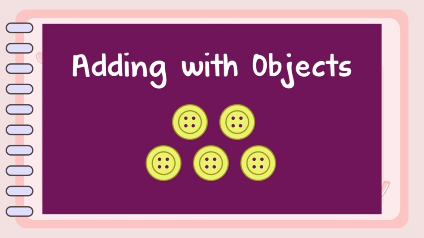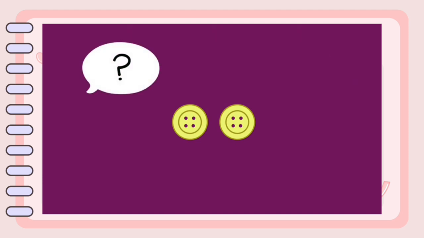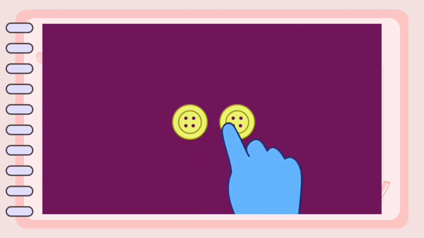You can help a child learn about adding by using any small objects, like buttons. For example, you can place two buttons in front of the child and ask, "How many buttons are there?" The child can count them and say, "2."